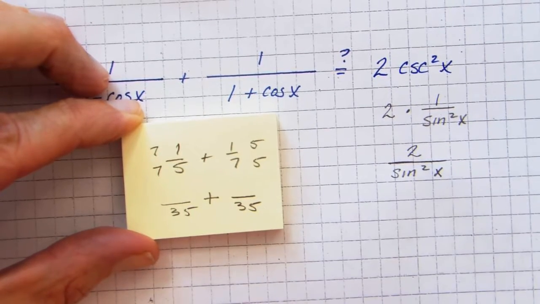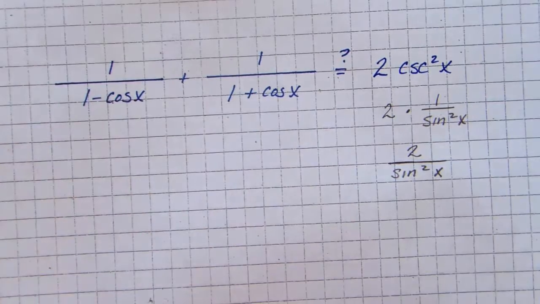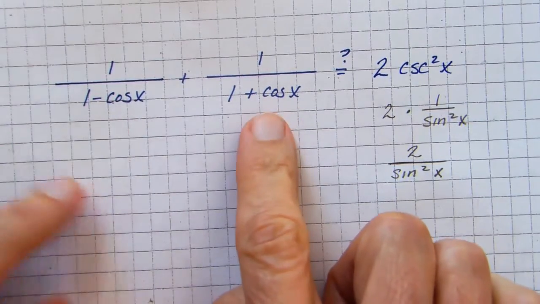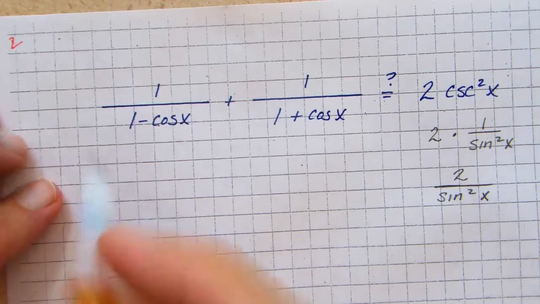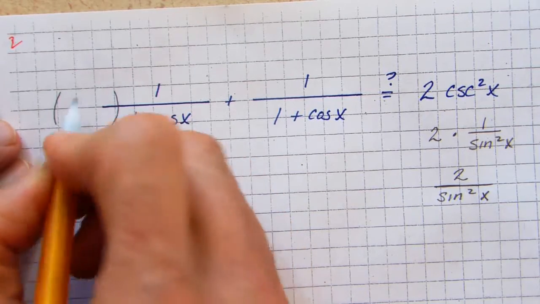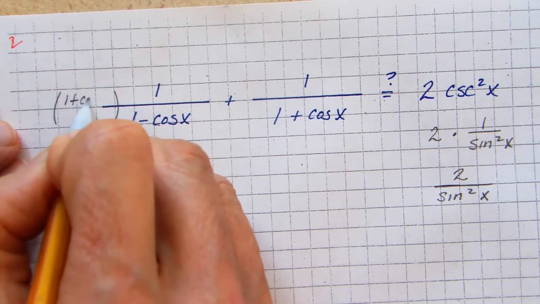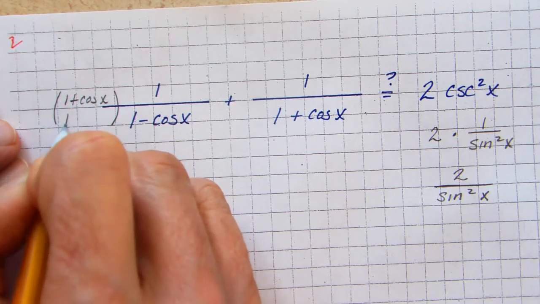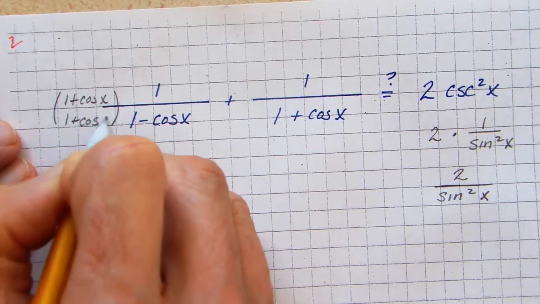So we're going to try and do the same thing here. We're simply going to multiply each of these by the other. In other words, we're going to multiply this by 1 plus cos x, 1 plus cos x.